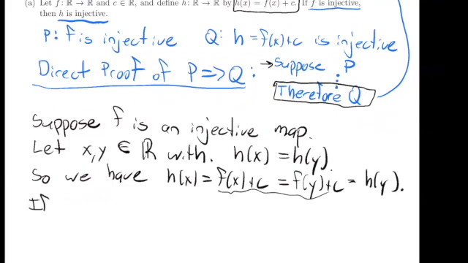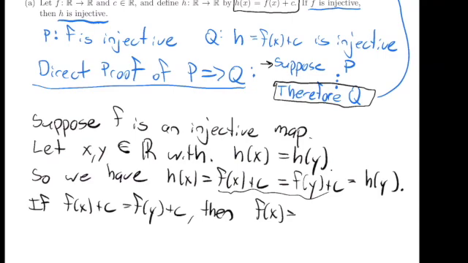So if f of X plus C equals f of Y plus C, then we know that f of X equals f of Y. And so what can we say if f of X is equal to f of Y?